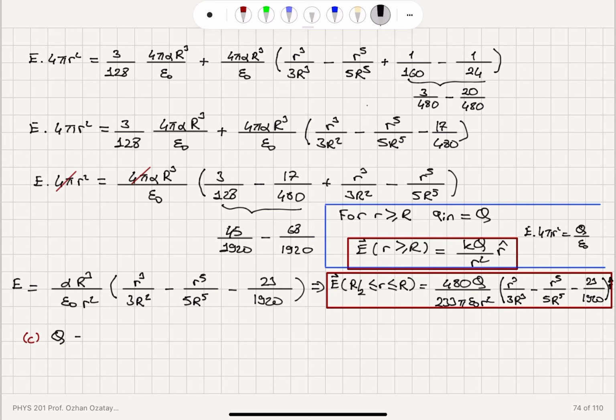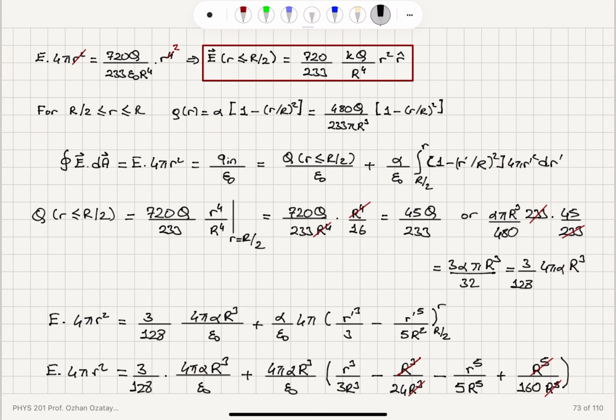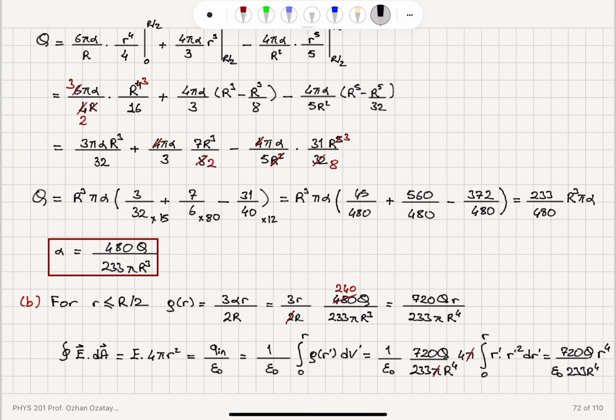The total charge Q consists of two contributions: between 0 and capital R over 2, and between capital R over 2 and capital R. This charge for R less than or equal to capital R over 2 was found before.